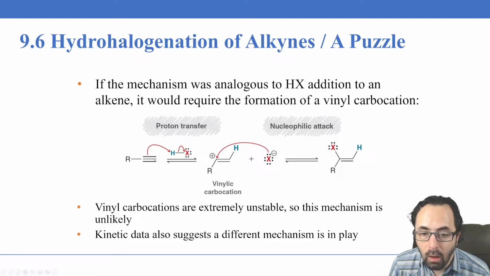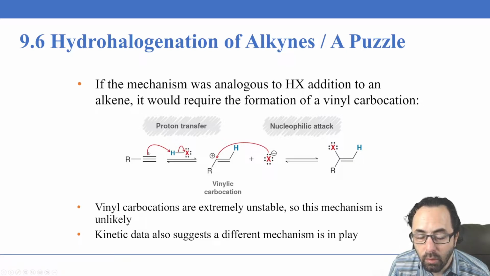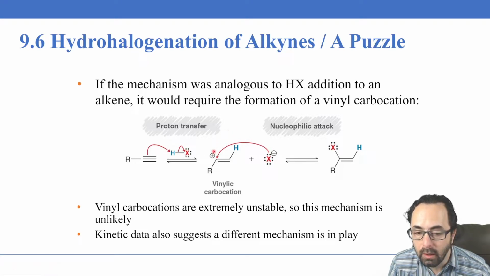So here, if this mechanism were to occur in exactly the same way as it occurs for an alkene, we'd have the pi electrons go and do a proton transfer, grab the H+, and then leave those electrons behind on the halide ion, which can then go and attack.